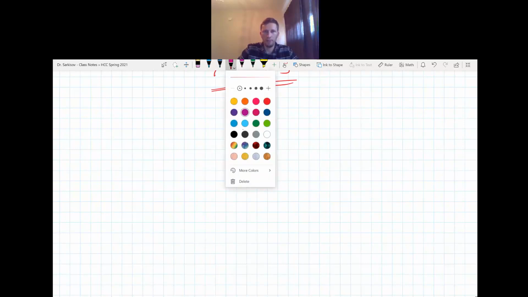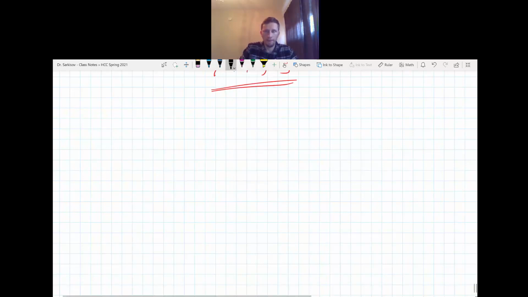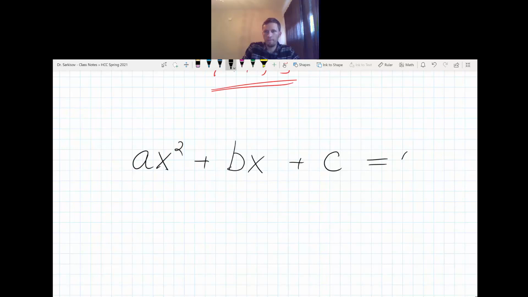Let's take again the quadratic equation in standard form. Ax squared plus bx plus c equals 0, right? That's our quadratic equation in standard form.